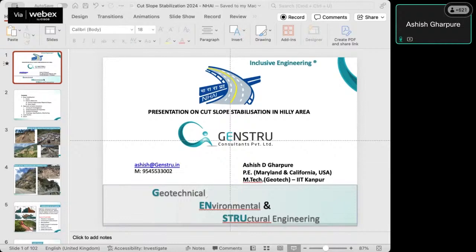Then what kind of generic measures are available? These are like a menu card presented, and we have to pick and choose what we want for our specific need. So there are various types of materials available, and we'll have to treat maybe one as soil stabilization, one as rock stabilization, and deal with it.